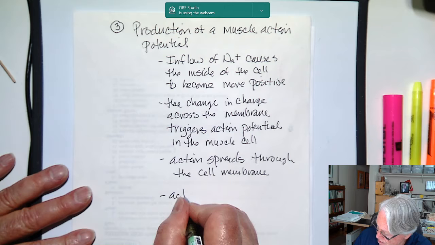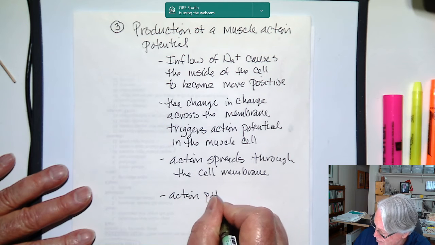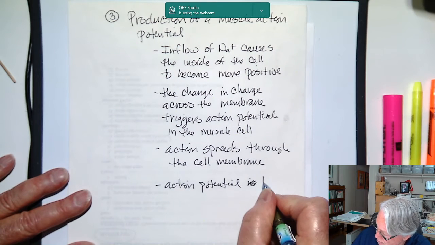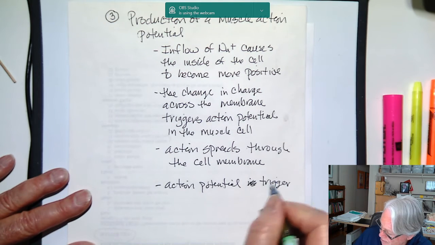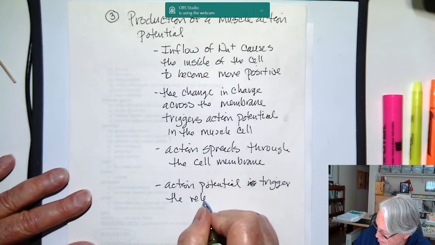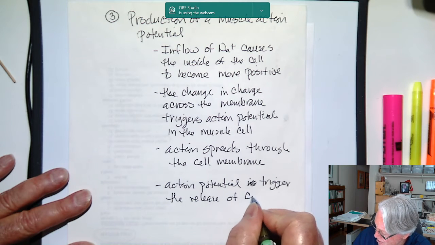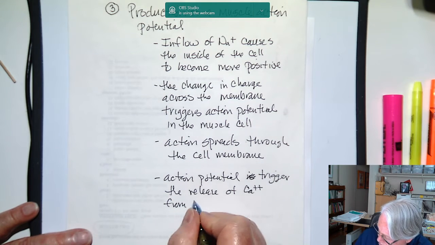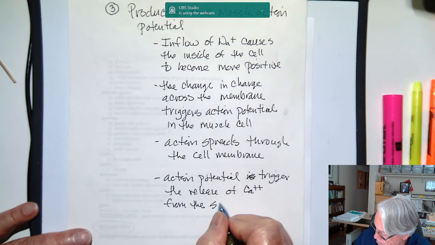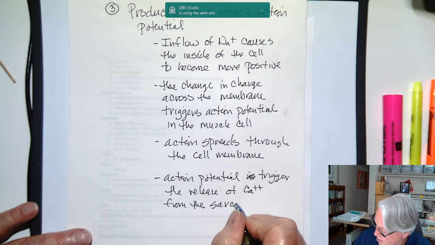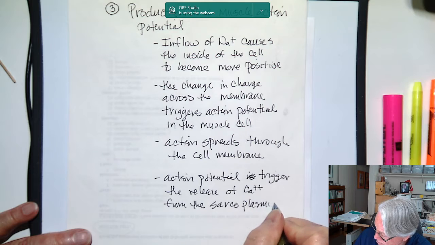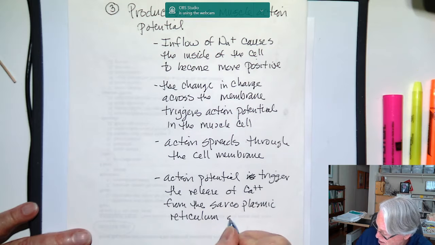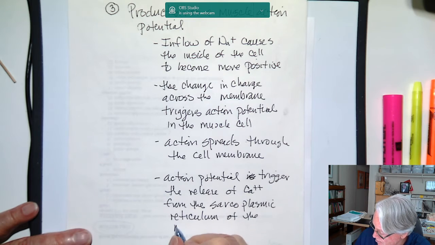The action potential will trigger, let's put it that way, the release of calcium from the sarcoplasmic reticulum of the muscle cell.